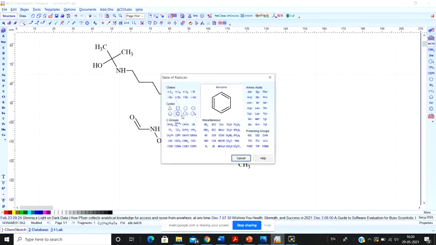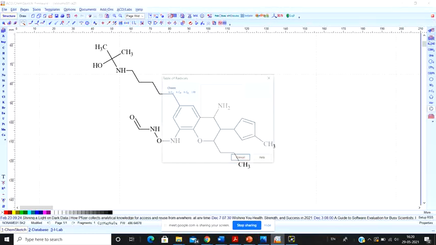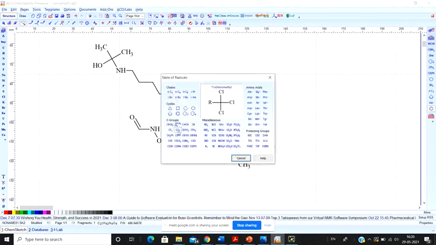The groups that are most widely used are generally present here, so that you don't have to draw them individually by placing each atom one after another. See the nitro, all kinds of groups, the methoxycarbonyl, benzoyl, isobutyryl, these kinds of groups are mentioned here. And apart from it, you also have the amino acids to design a peptide molecule. Remember you talked about the peptide drug?